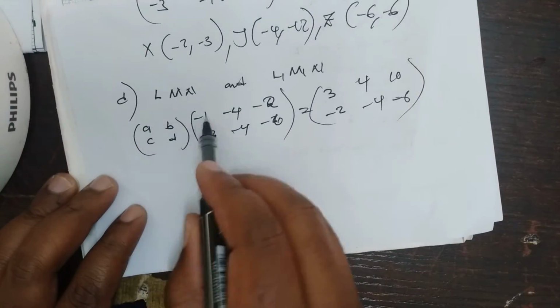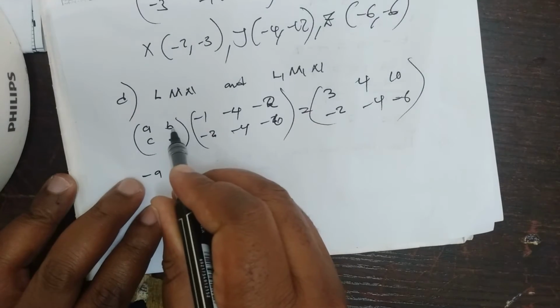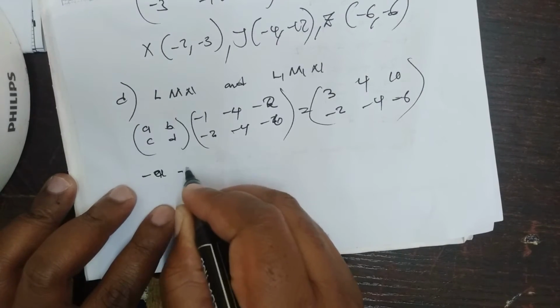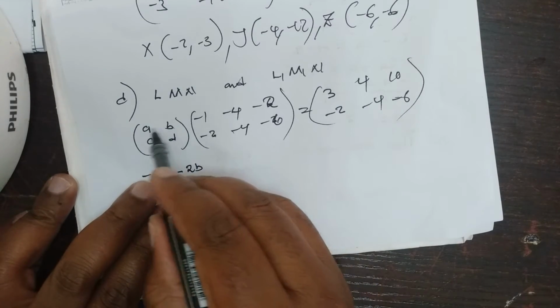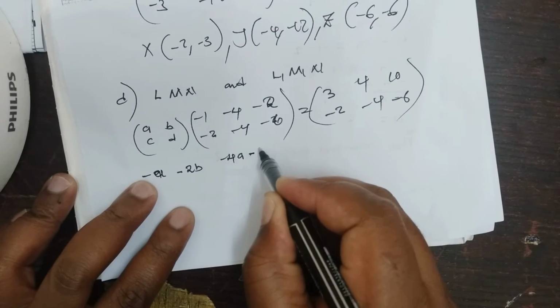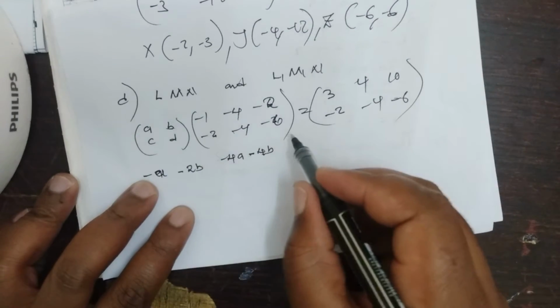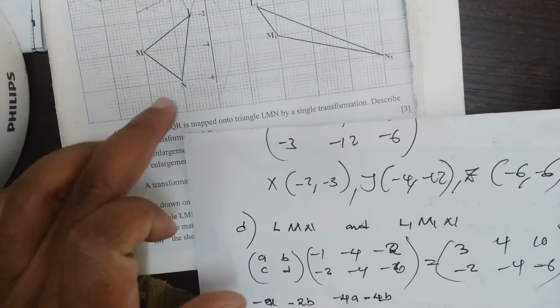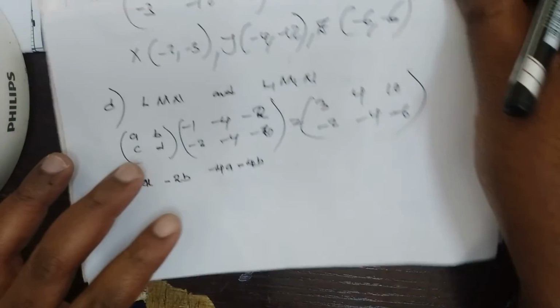So we are going to solve this simultaneously now. Okay, so we say this by that you have negative A. This by that you have, this is A, negative 2B. Okay, this by that negative 4A minus 4B. That by that you have negative 2A minus 6B, this is for N, negative 2, negative 6.